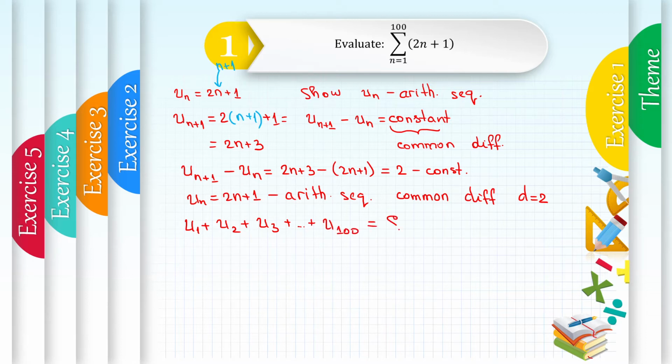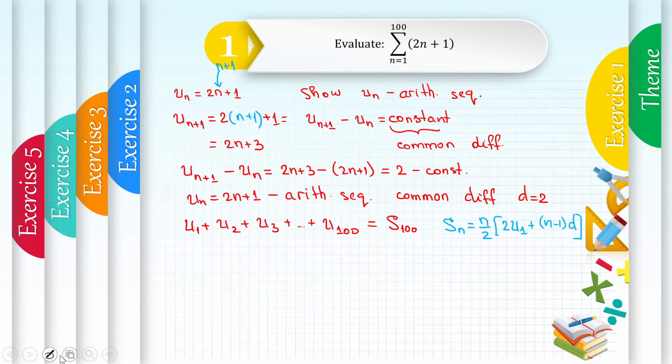So we have to find the sum of the first 100 terms of our arithmetic sequence. We know that the formula for the sum of the first n terms of an arithmetic sequence is n divided by 2 multiplied by (2 u sub 1 plus (n minus 1) multiplied by d).